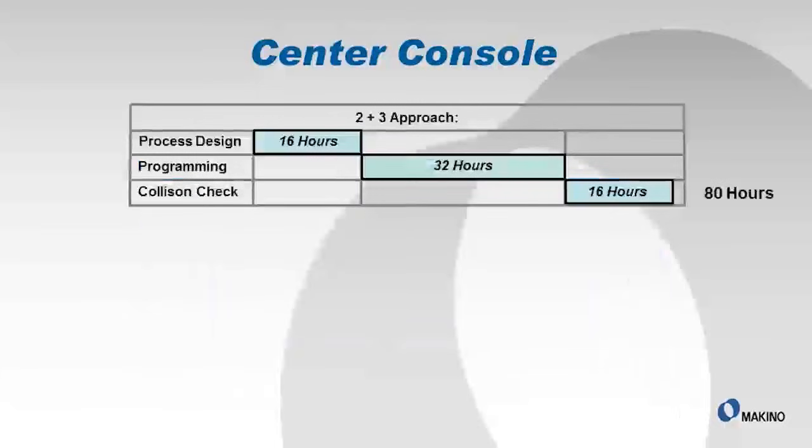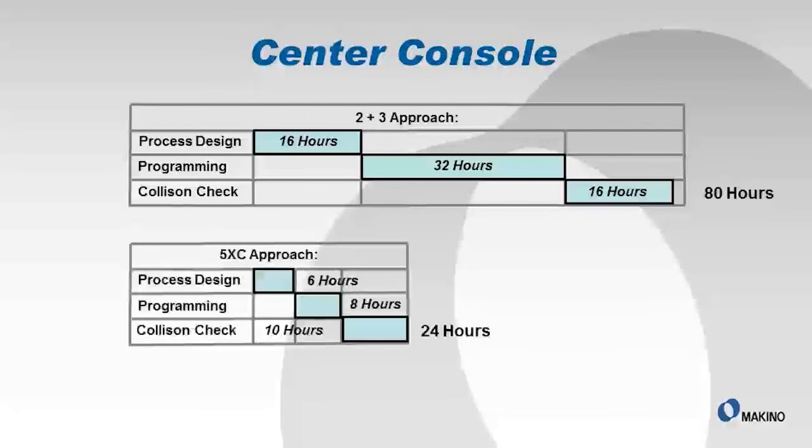What I've done is went through and kind of shown, here's the 2+3 approach where you've got the process design, the programming, and the collision check. So you're looking at 80 hours. Whereas on the 5XC approach, there's your process design, here's your programming, and here's your collision check. So you're looking at about a 24-hour project for that center console versus what was an 80-hour project.